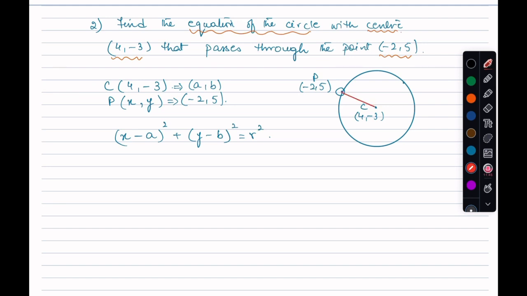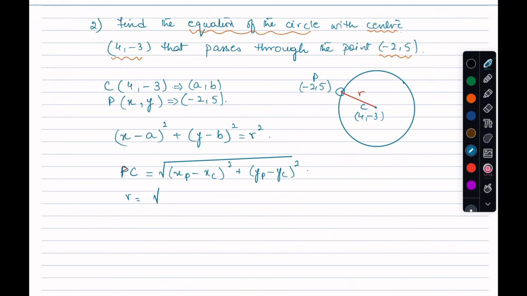If I join it to the center, I shall be getting the radius here. That means if I get the distance PC, that would be equal to the square root of (x of p minus x of c) the whole square plus (y of p minus y of c) the whole square, and this should give me the radius value.